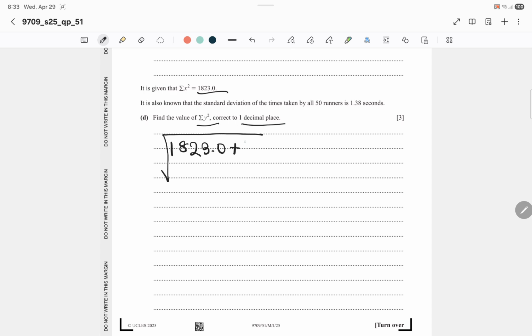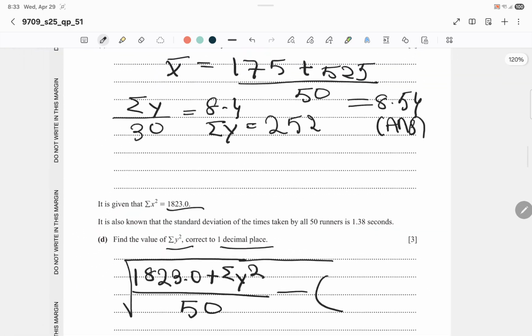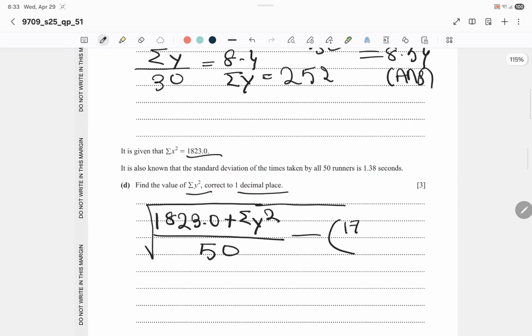So 1823.0 plus summation of y squared divided by the total number, which is 50, minus the mean, which we found before, but do not use this as a rounded off value. We cannot use a rounded off value. So instead of being lazy, we just have to do this again, by 50 whole square.